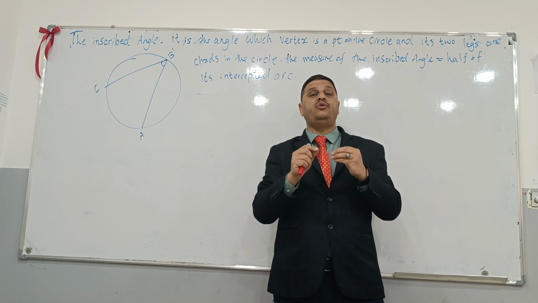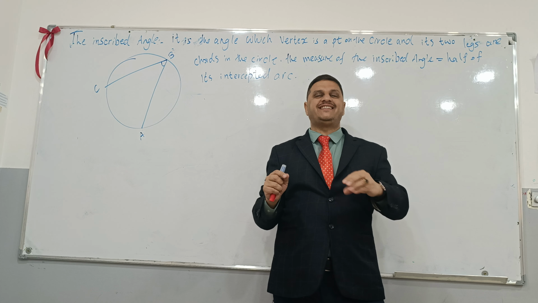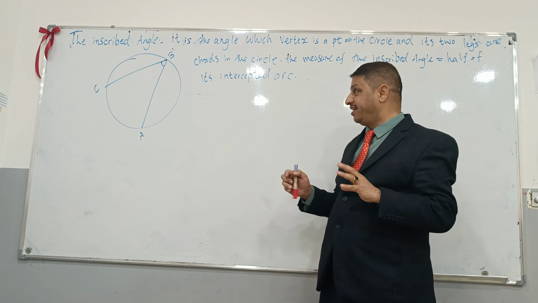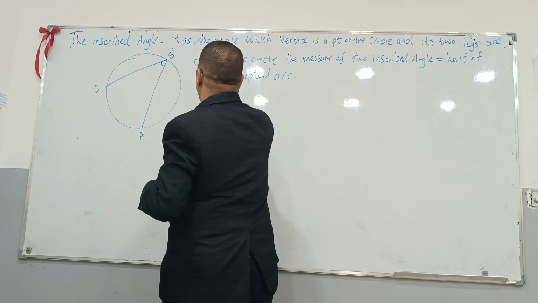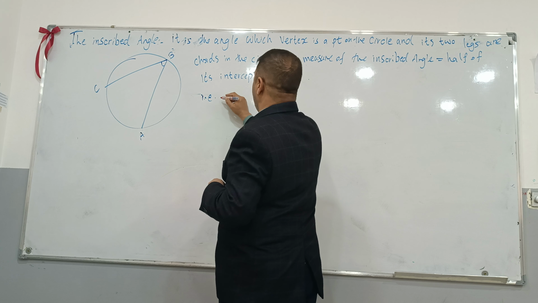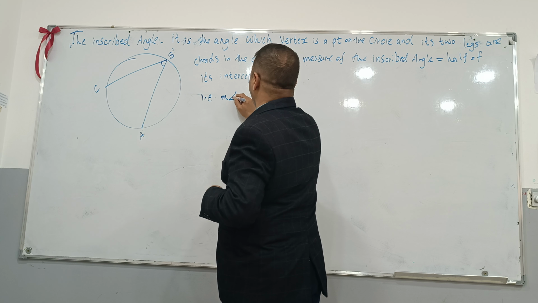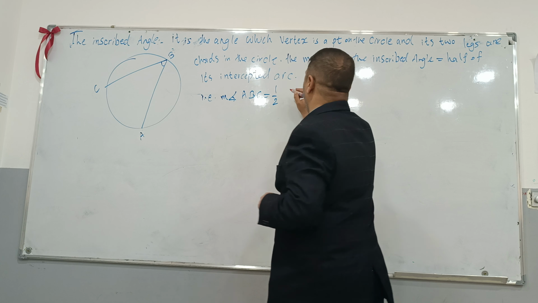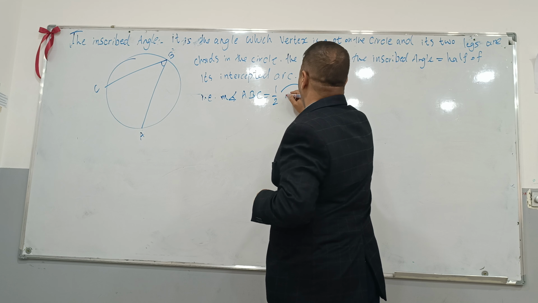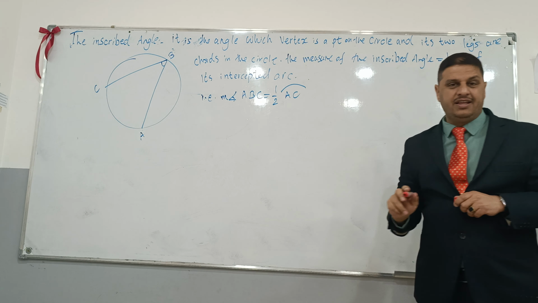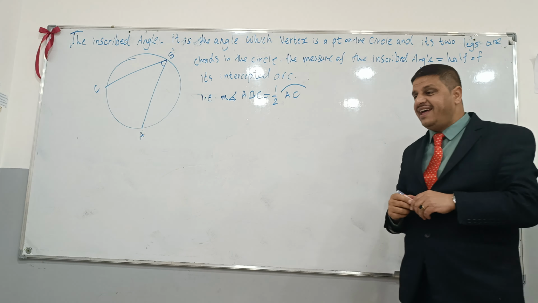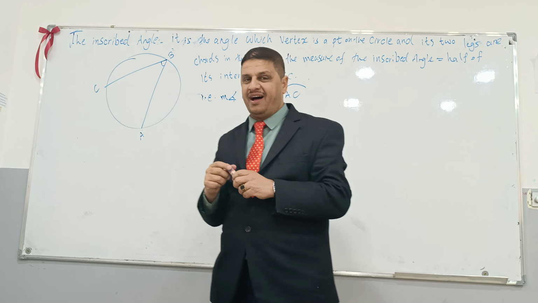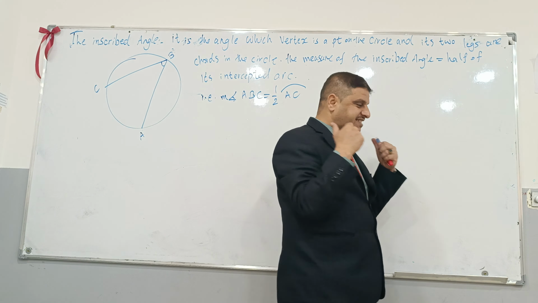يعني قياس الزاوية المحيطية هو نصف قياس قوسها. واضح ولا؟ I mean the measure of the angle ABC equals 1/2 the arc AC. Do not forget the information about this inscribed angle.